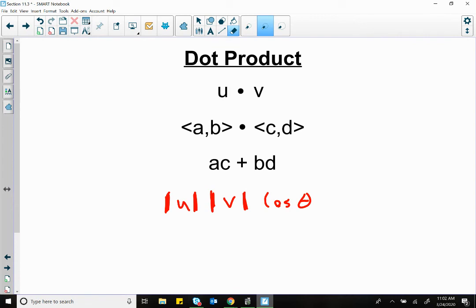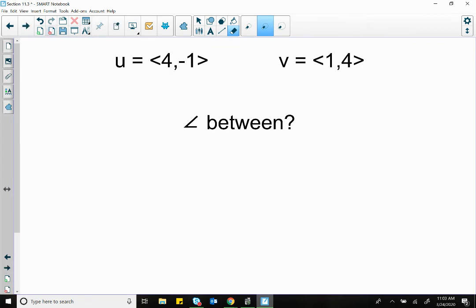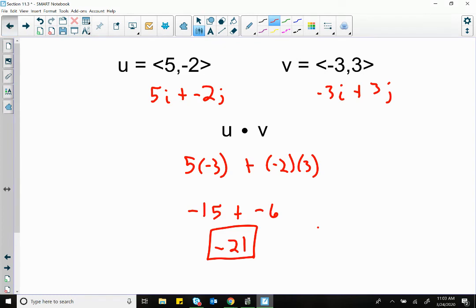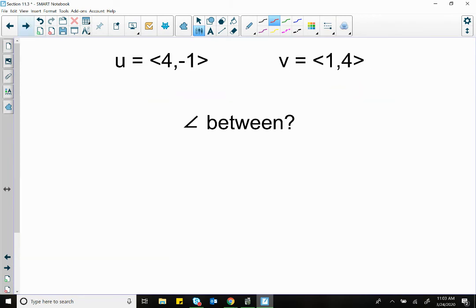But in that last question that we're working with, this one, they want the angle between these two. So we can take that formula that I had just a second ago right here, and we can modify it. We can solve for cosine theta, because remember, this is equal to the dot product of V. So if I solve that for cosine theta, this is what the formula looks like.